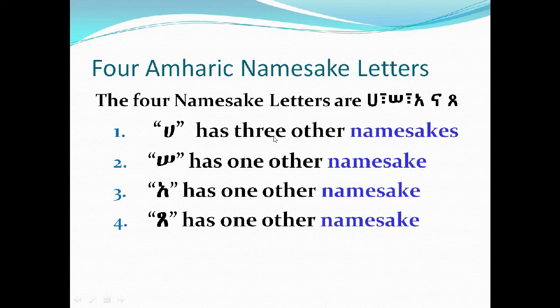Ha has 3 other namesakes, so including Ha it's 4. Se has 1 other namesake, A has 1 other namesake, and Se has 1 other namesake. Namesakes means they are of the same sound, so you can use them interchangeably.